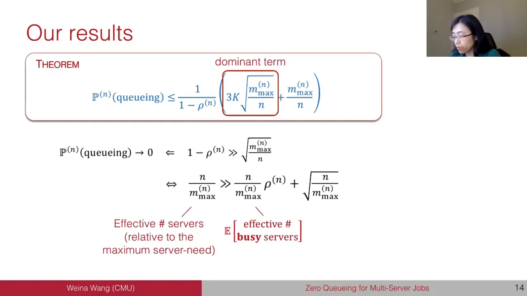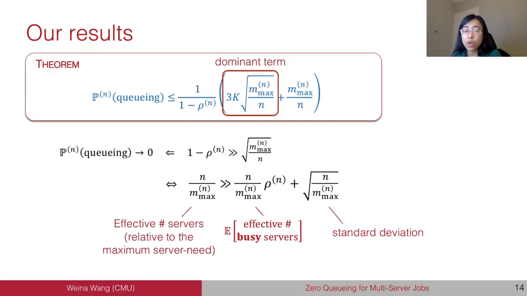And then this square root term is the square root of the mean, and it is roughly the standard deviation of the effective number of busy servers. So this condition says that the total effective number of servers is much larger than the average effective number of busy servers plus its standard deviation.